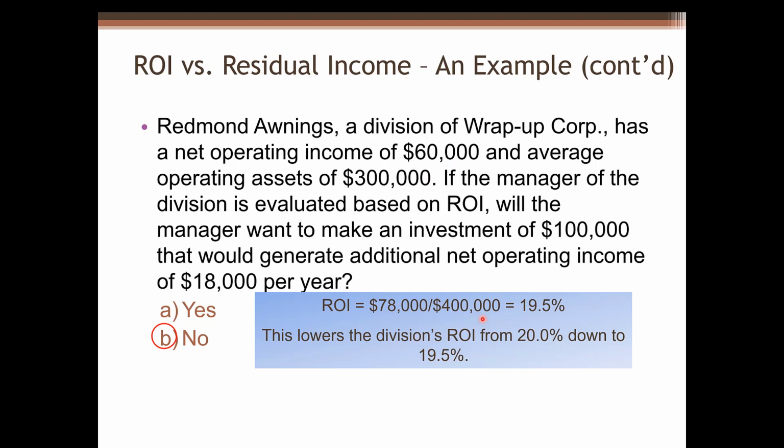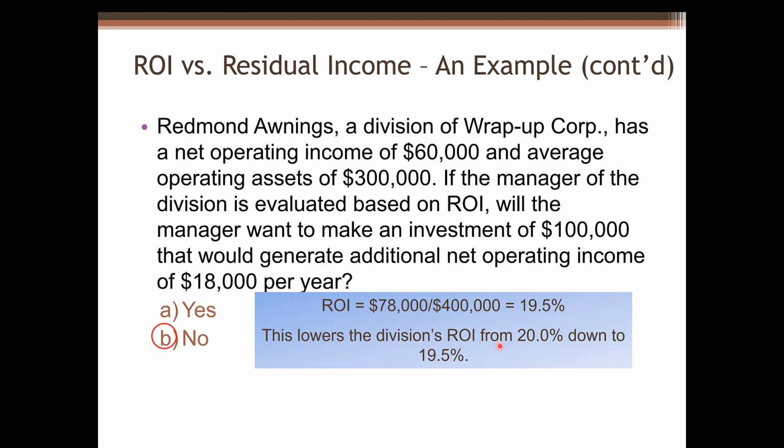Average operating assets increased by $100,000, from $300,000 to $400,000. So the new ROI is $78,000 divided by $400,000, and then we get 19.5%. Compared to the original one, the division's ROI decreased.